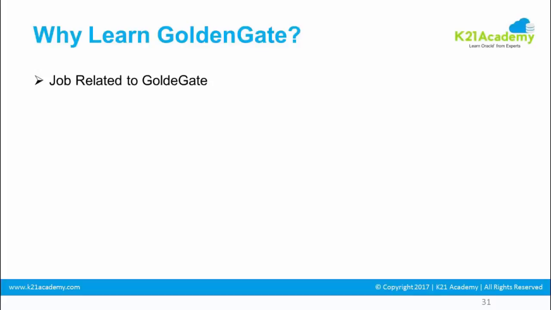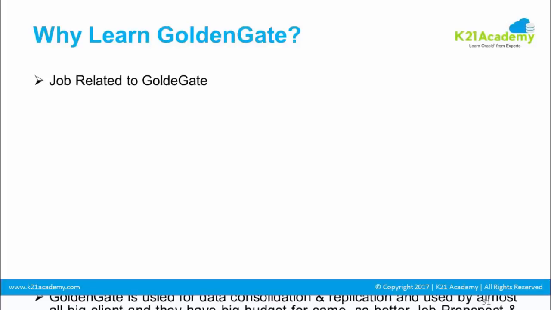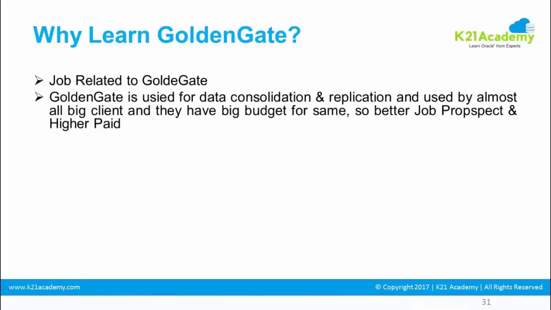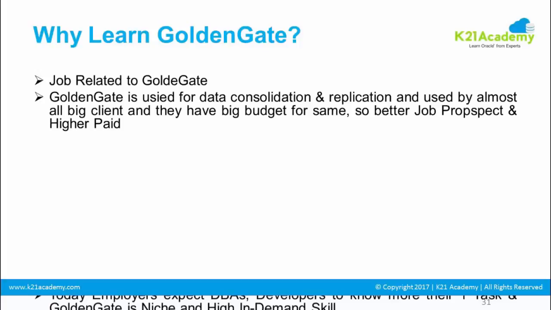And when GoldenGate is used, there are a lot of jobs in the market. Still, there are not many GoldenGate administrators available as of now. GoldenGate is used for data consolidation and replication by all big clients, and they have a big budget for it. So you should learn GoldenGate if you want to be paid more.